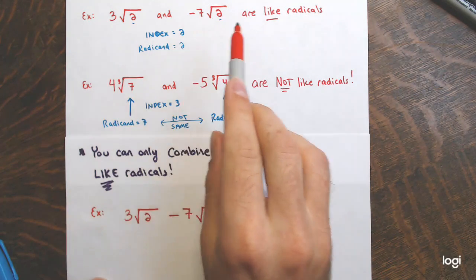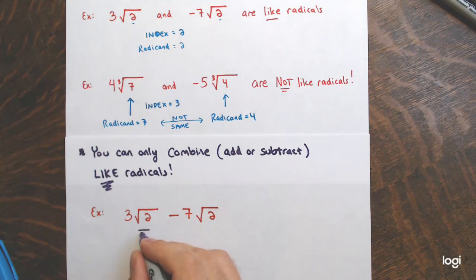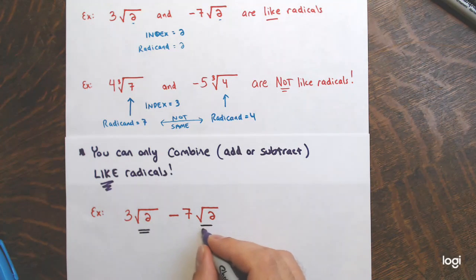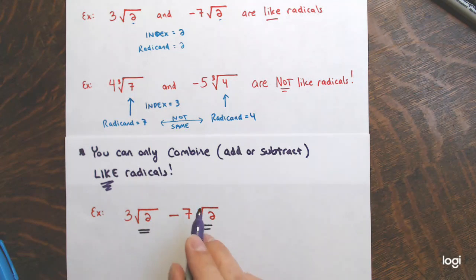If I take my two like radicals from earlier, you can actually combine these. And the way you do it is very similar to how we looked at combining like terms in polynomials. There are two terms in this expression. Remember, a term is a product separated by a plus sign. So there's 3 root 2 plus negative 7 root 2. You see how they have the square root of 2 as a common factor?